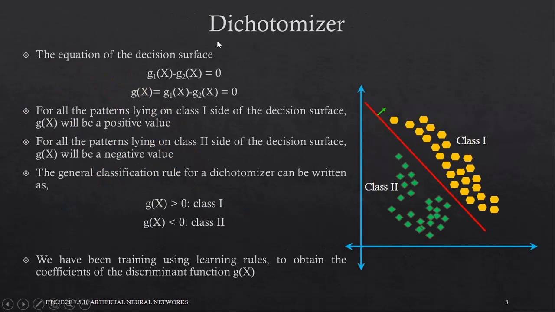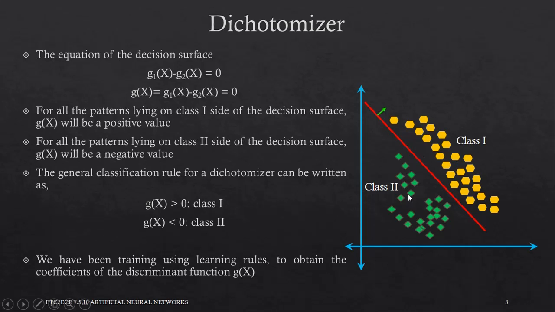A dichotomizer is a special case of such a classifier where the number of decision regions R is equal to 2. Therefore, class 1 is represented by the discriminant function g1 of x and class 2 is represented by the discriminant function g2 of x.